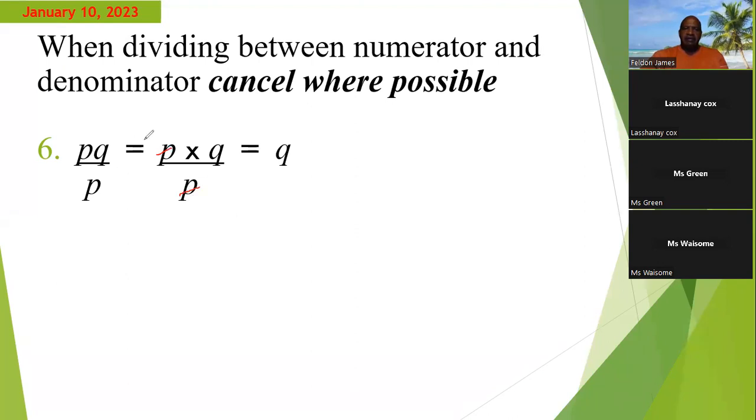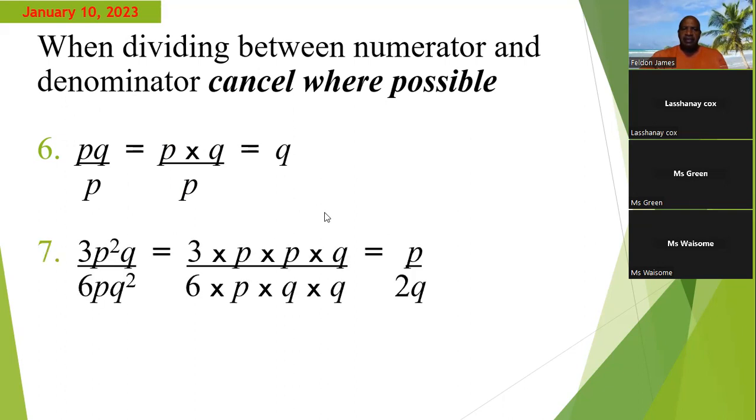All right? After you cancel these, you only have remaining in the numerator, Q. So this would be the answer. So you want to look for what you can cancel first when you're doing simplify. All right, so that's the first example on how we cancel.